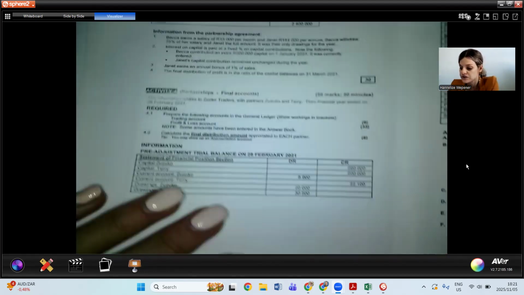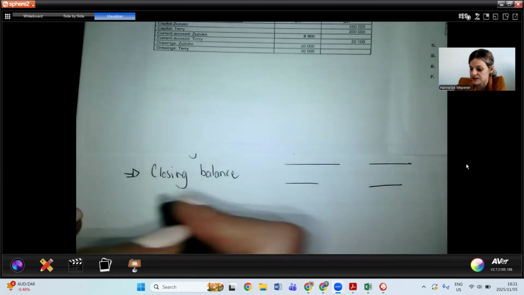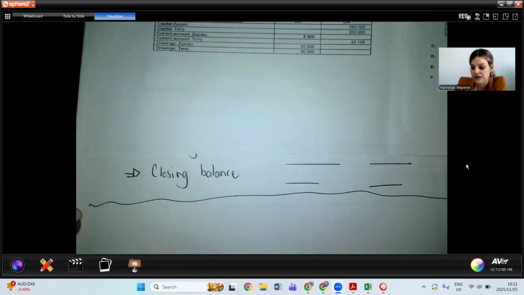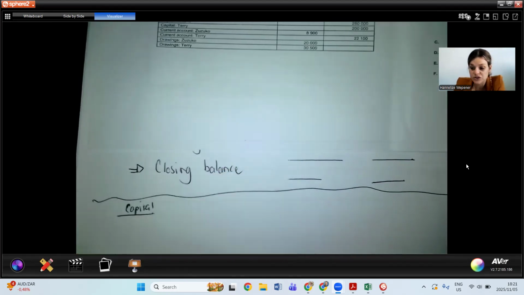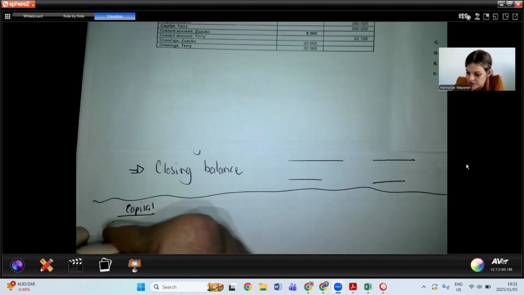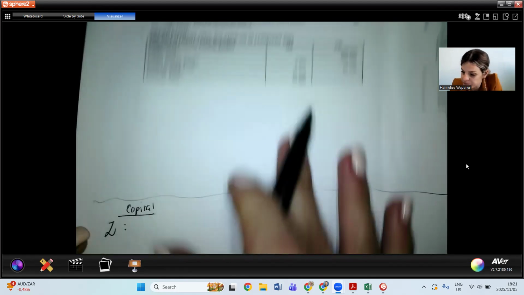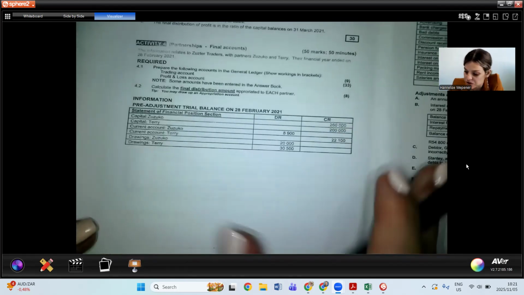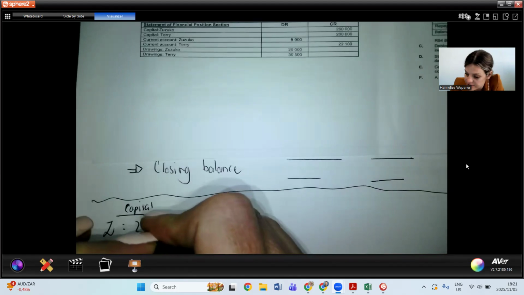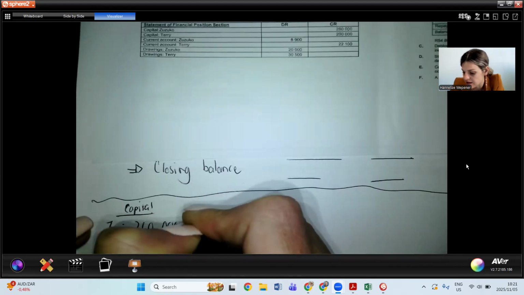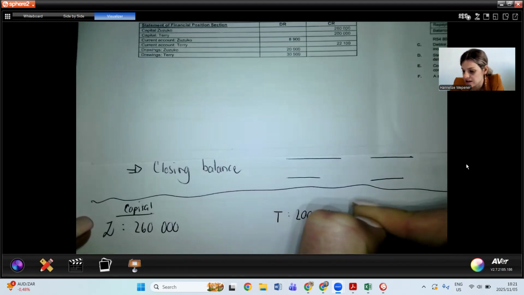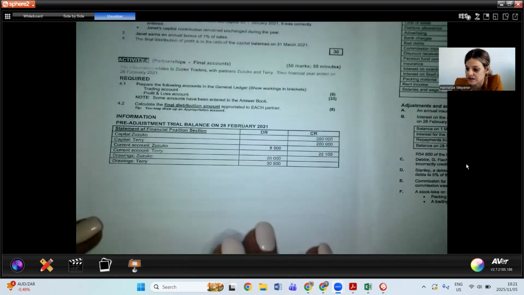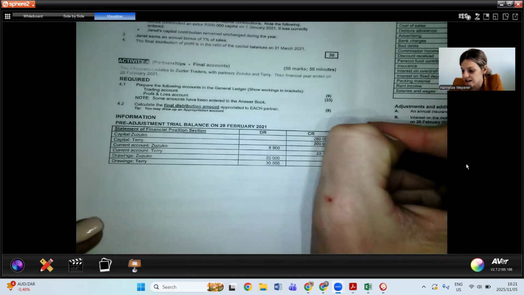What I'm going to do now already is write here at the bottom, I'm going to do my calculations, and I'm going to say that capital, according to what I see now, for the one partner, the capital was 260,000. And then for the other, it was 200,000. That's just taken from the information here, which means that I can tick it off.